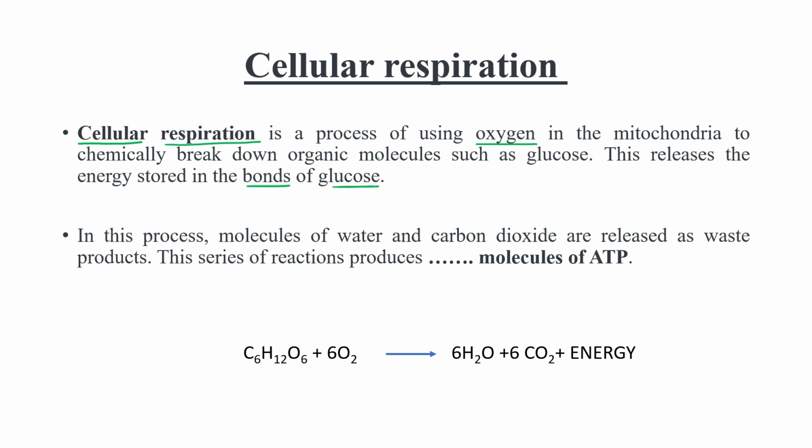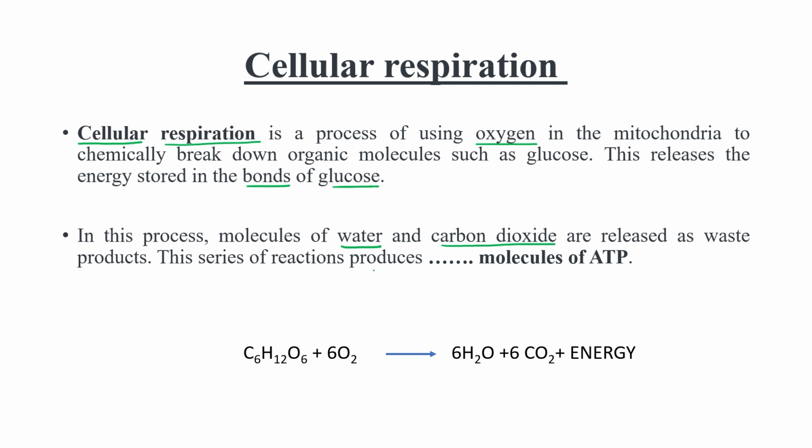What is the definition? Cellular respiration is a process of using oxygen in the mitochondria to chemically break down organic molecules such as glucose. This releases the energy stored in the bonds of glucose. This is known as cellular respiration. During this process, molecules of water and carbon dioxide are released as a waste product.